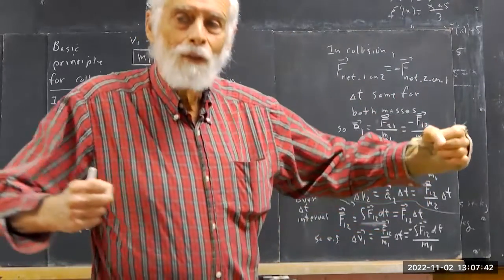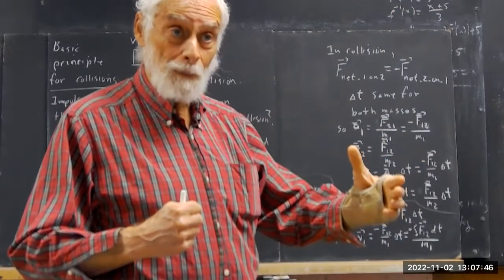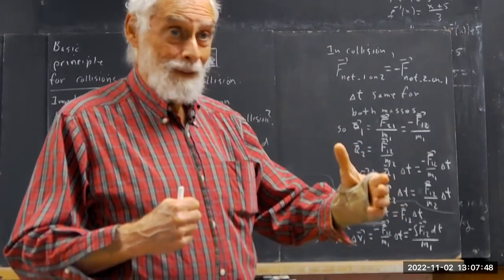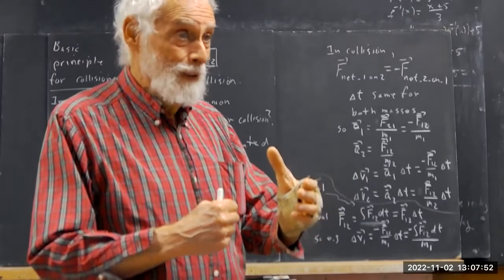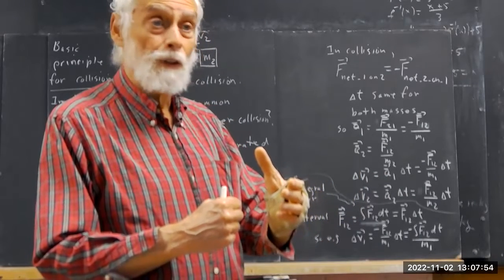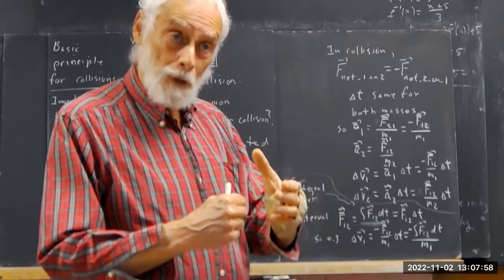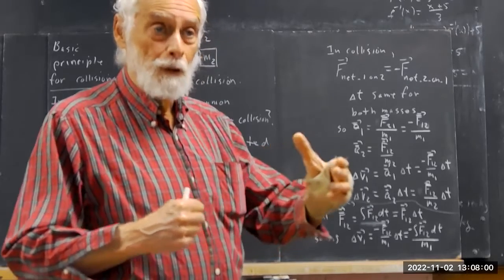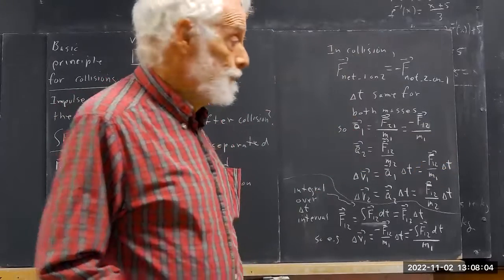Things collide, they make first contact, they're not compressed that much, there's not that much force. Then they compress a little more, and there's more force and more, until they get maximum compression, so there's maximum force. And then the spring part, the force gradually decreases. The force curve looks like this in time.